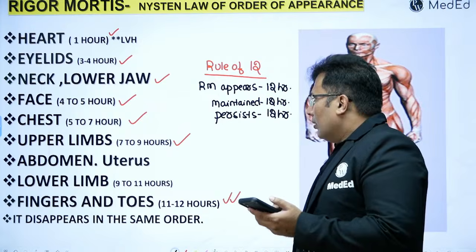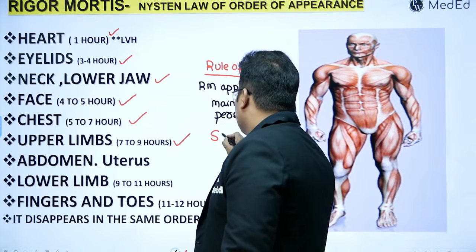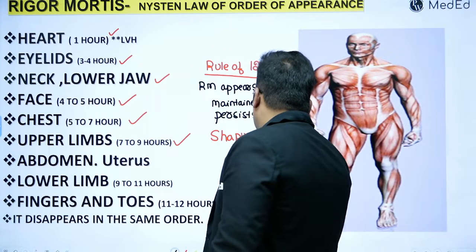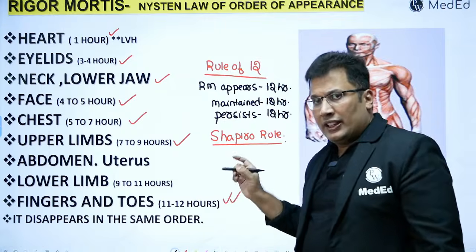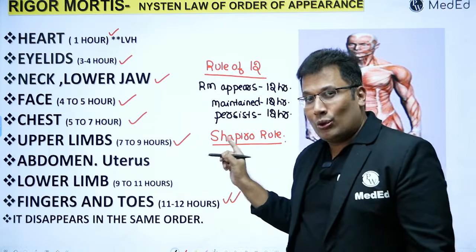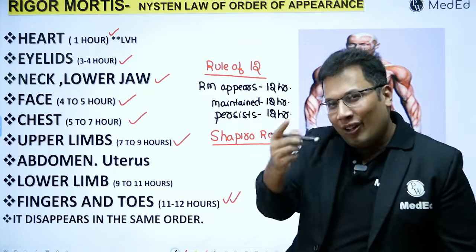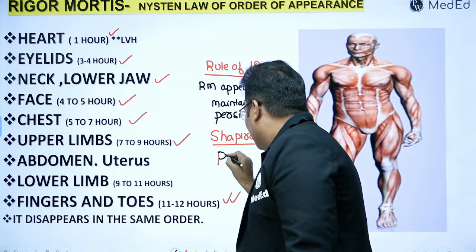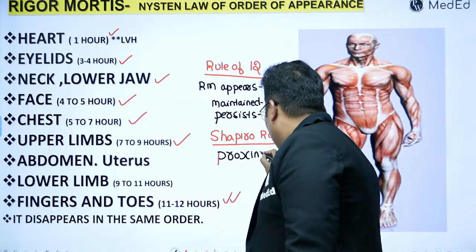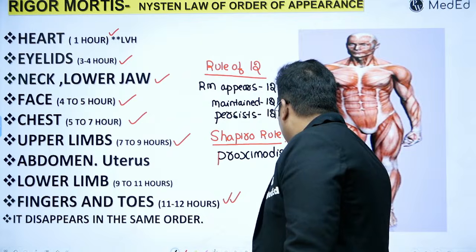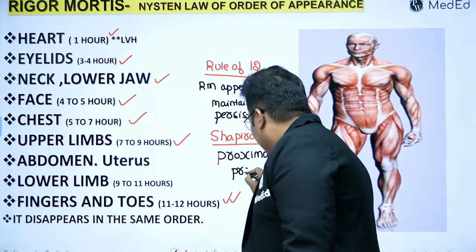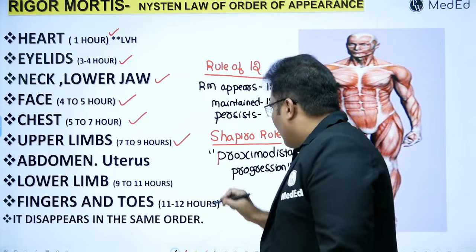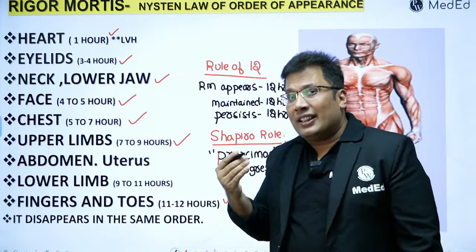Then we have some more rules known as Shapiro rule. If you write this word, Shapiro rule, you will get a distinction mark. Shapiro rule means the rule of proximo-distal progression.